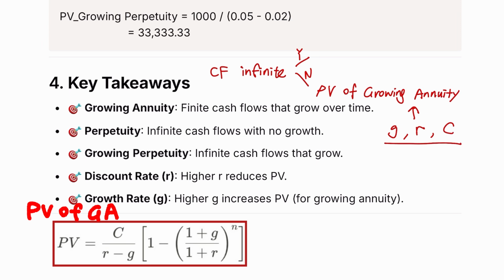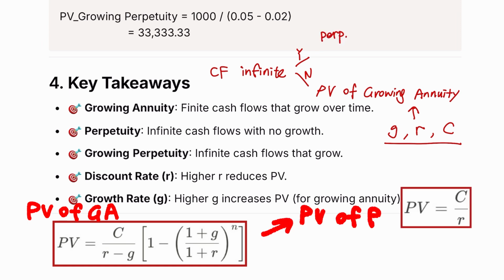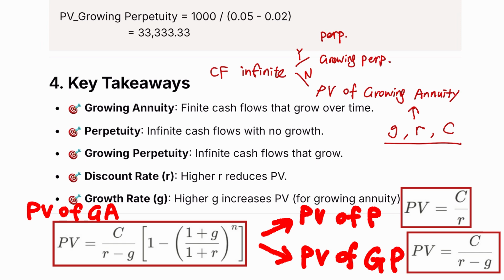If it's infinite, we need to find out whether it's a perpetuity or a growing perpetuity. They're basically really similar. This is for g equal to 0, and this is for g not equal to 0. I guess this is the end of today's video.